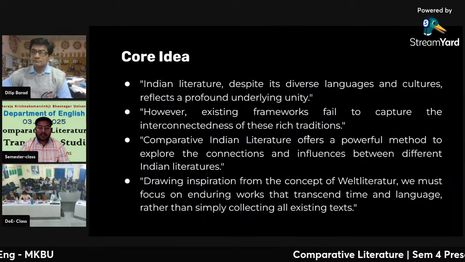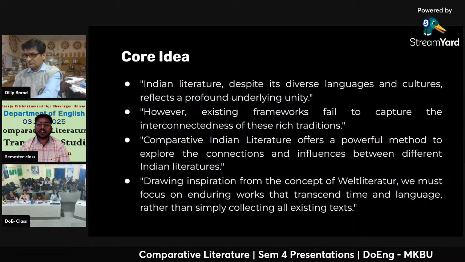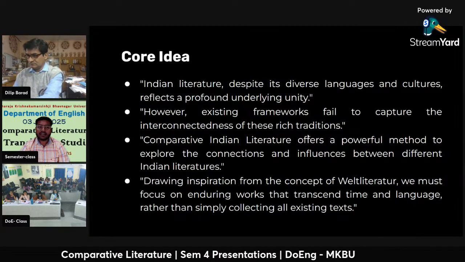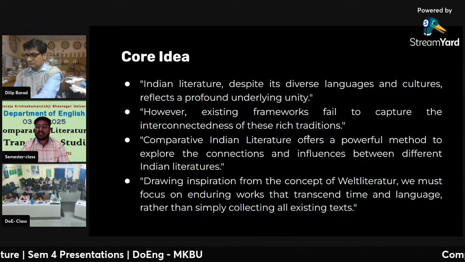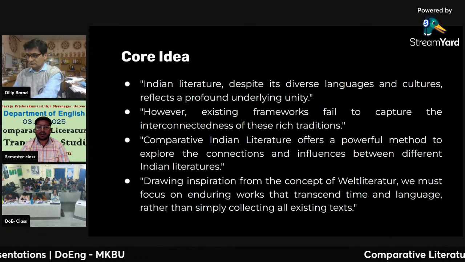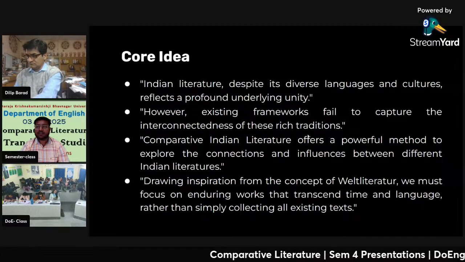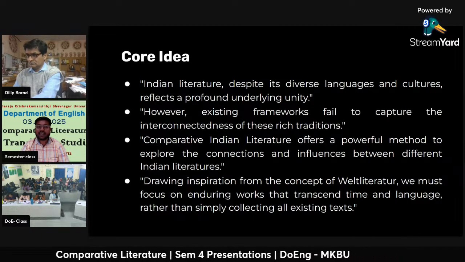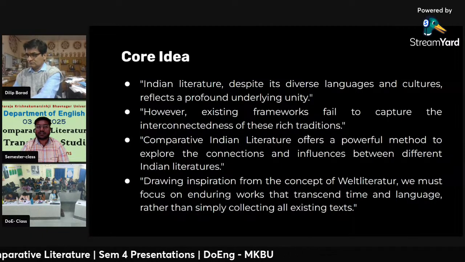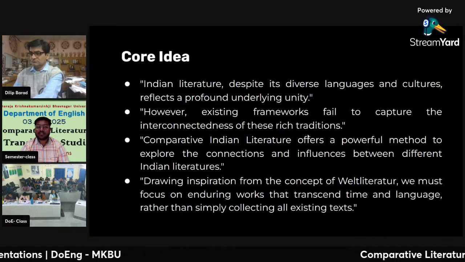So while giving this argument, the major core idea of the early part of the article is that Indian literature, despite its diverse languages and cultures, reflects a profound underlying unity. This is the major idea of the early part of that article, and for highlighting this part, he uses the word multilingual literature.